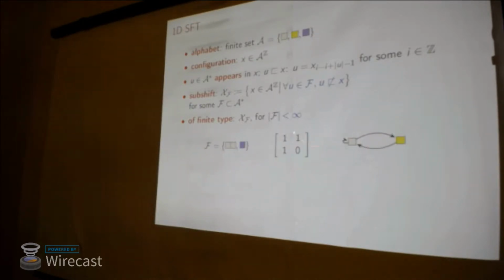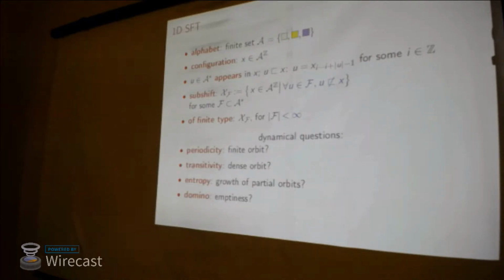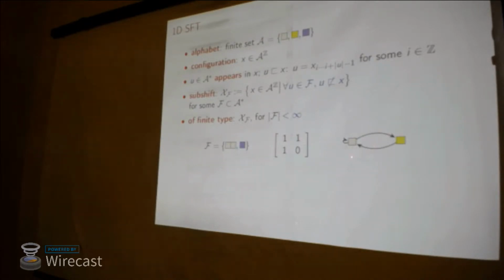The entropy is given by the logarithm of the largest eigenvalue of the matrix, which always exists by Perron-Frobenius theory. Emptiness is even more trivial. If you remove all the vertices which don't have an outgoing edge, which are completely useless, then at the end the system is empty if and only if there is no vertex left.